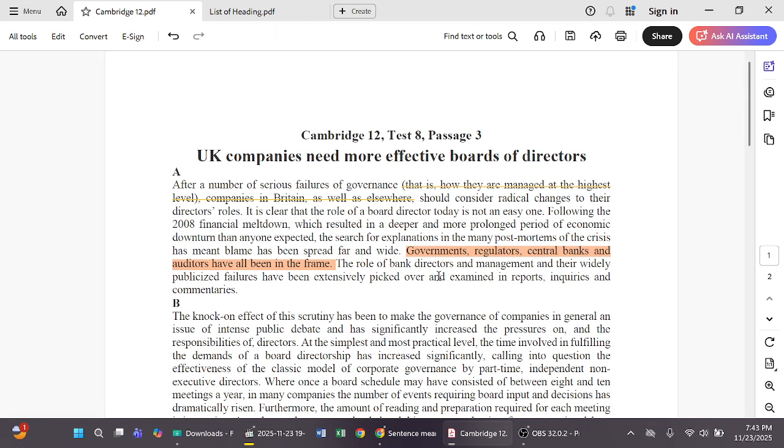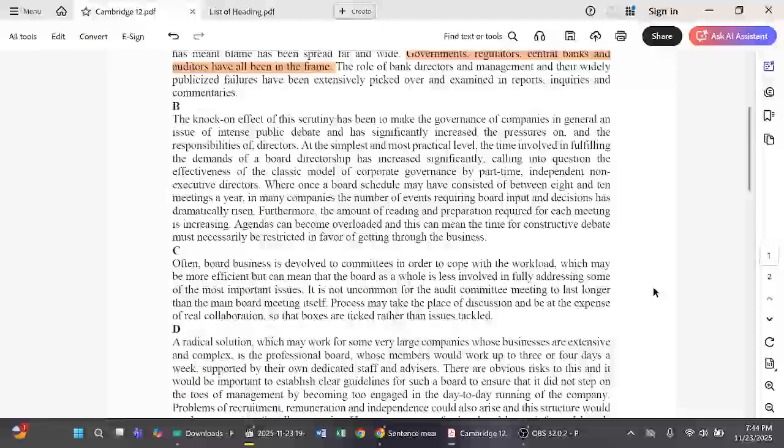The role of bank directors and management, and their widely publicized failures, have been exclusively picked over and examined in reports, inquiries, and commentaries. So they are the ultimate failures. Here: government, regulators, central banks, and other auditors.